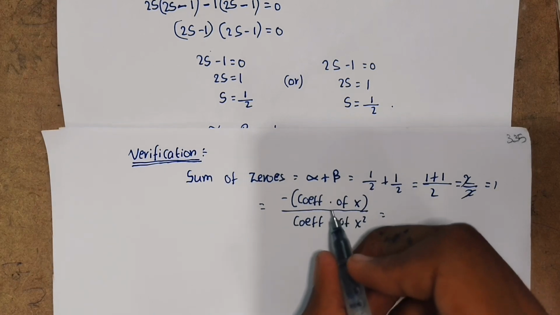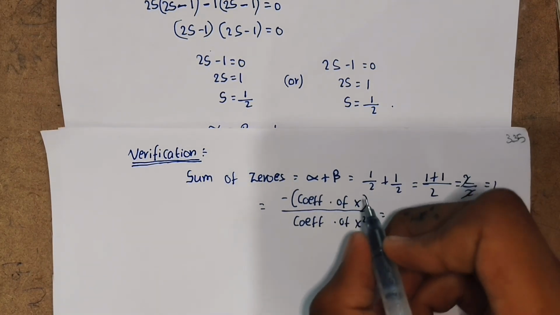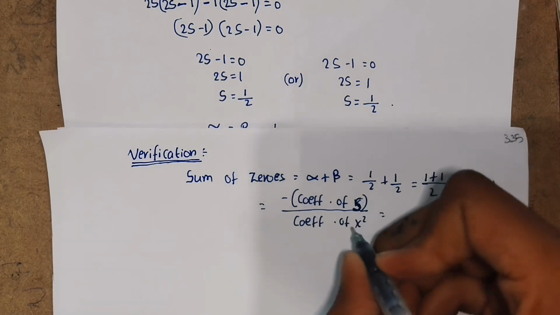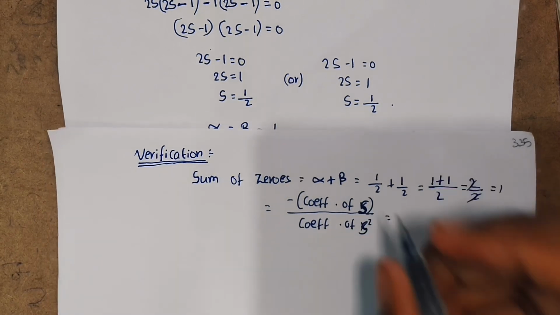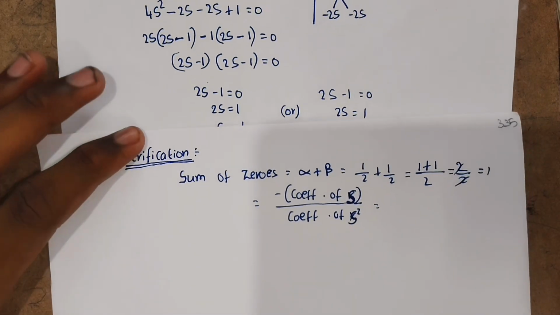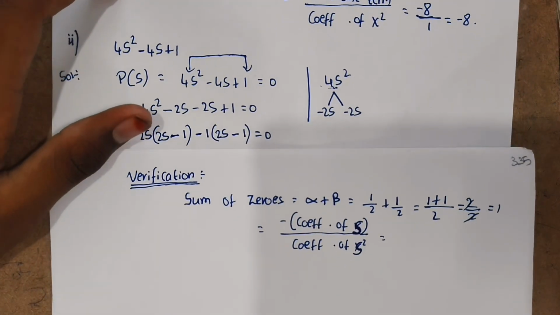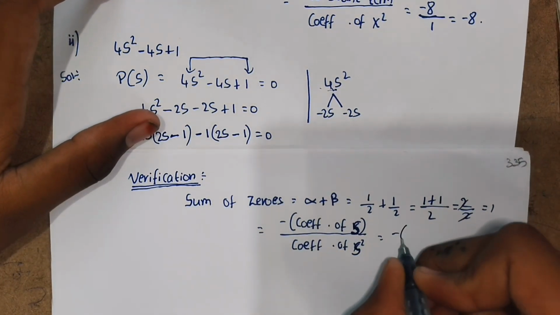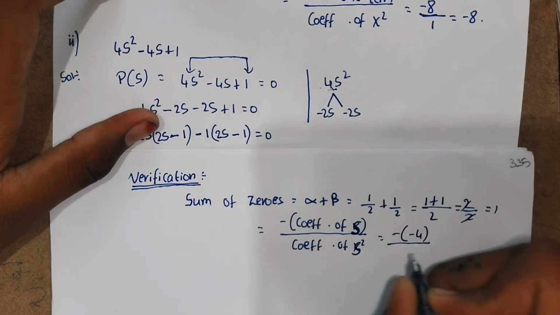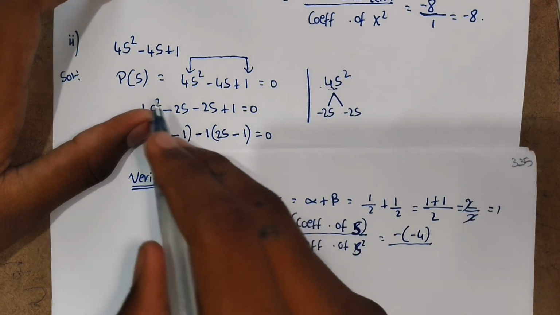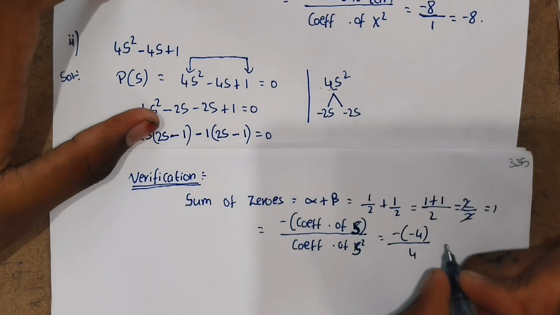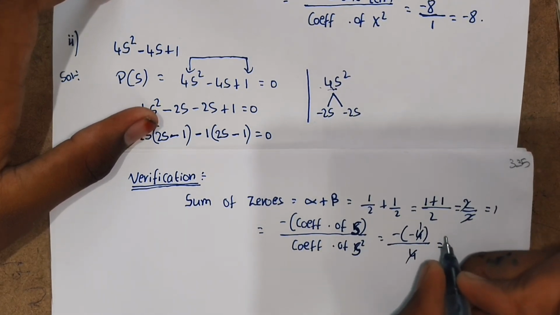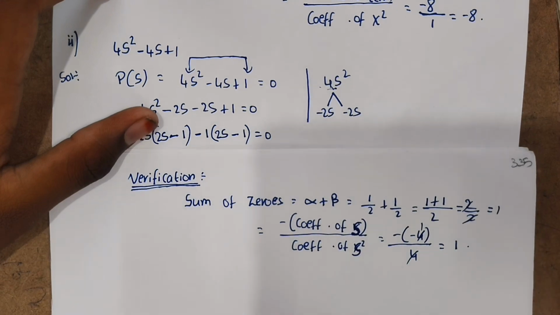Here the coefficient of x is minus 4, so minus of minus 4 by the coefficient of x square, which is 4. 4 ones are 4. Minus into minus is plus, plus 1.